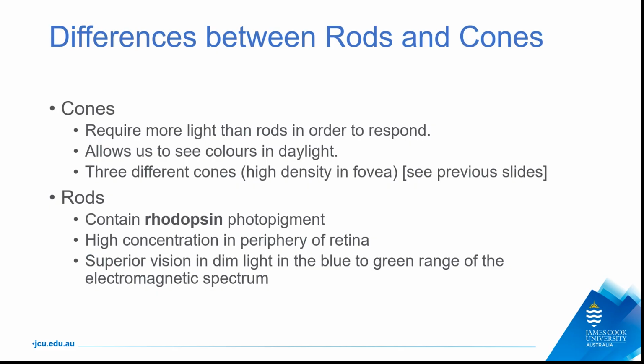Now rods contain this thing called rhodopsin, a special kind of photopigment, found in high concentration in the periphery of the retina. Then we have superior vision in dim light in the blue to green range of the EM spectrum. Just take note of this.